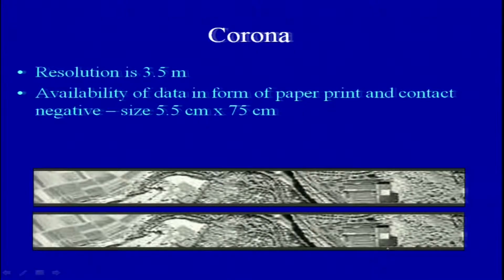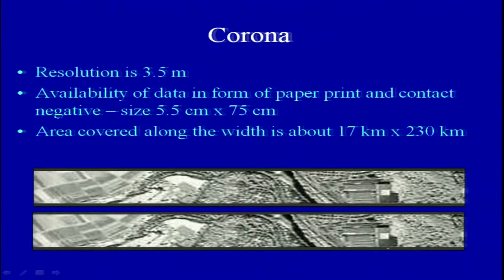Availability of the data is in the form of paper print and contact negative. Size is almost 5.5 centimeters by 75 centimeters, and the area covered along the width is around 17 kilometers, and along the length is almost 230 kilometers.